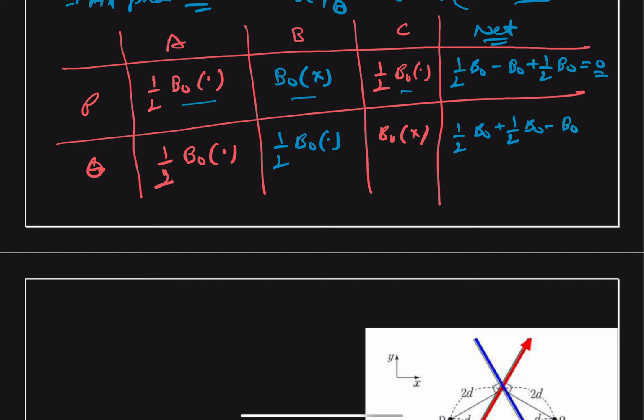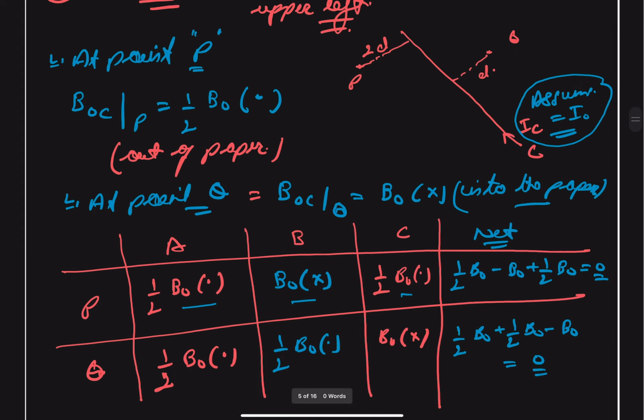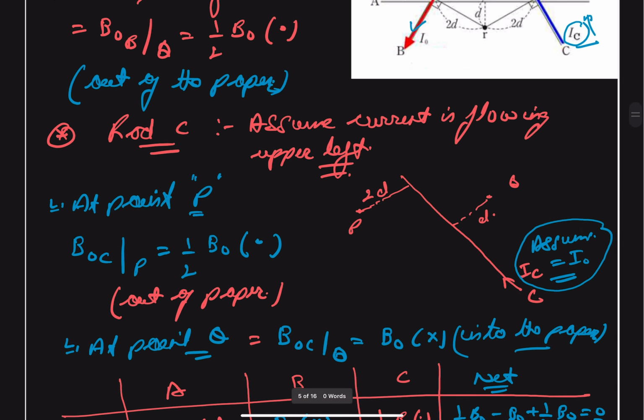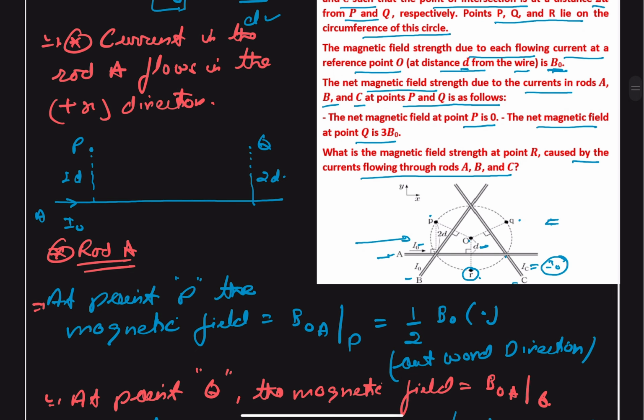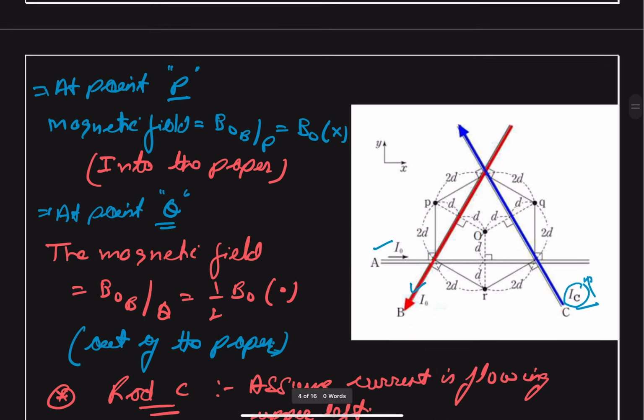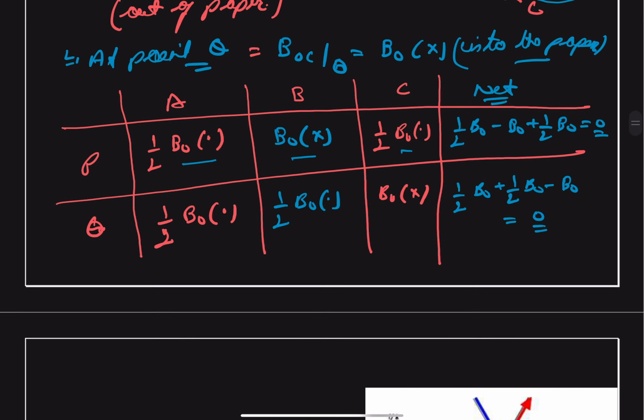Now we have to check, because there is a condition given to us that the net magnetic field at P is 0, whereas the net magnetic field at point Q is 3 B naught. So according to this condition, the net magnetic field at Q has to be 3 B naught, but here it is 0.